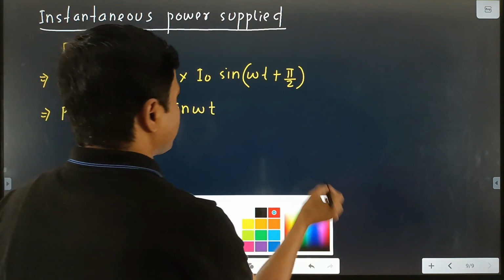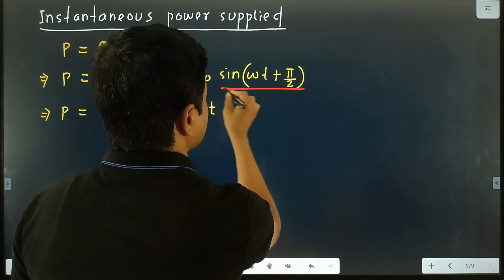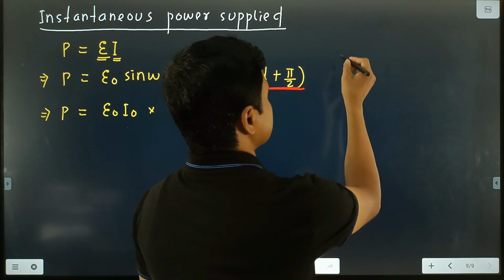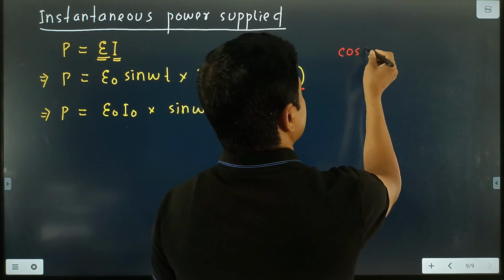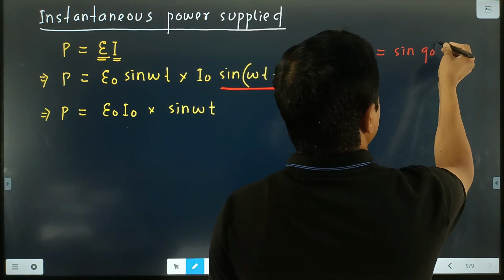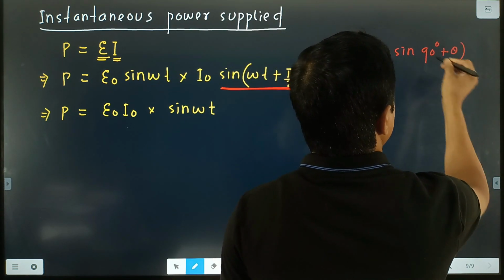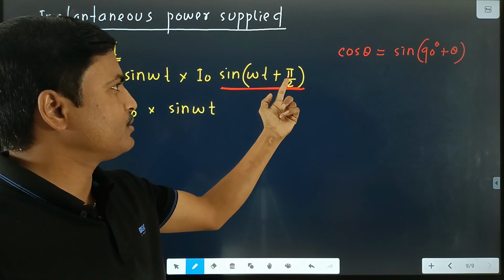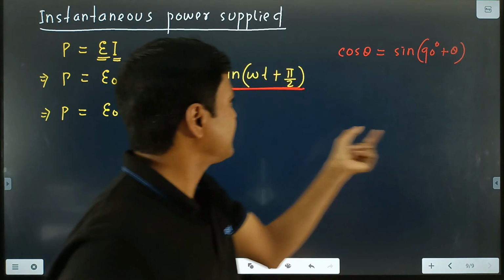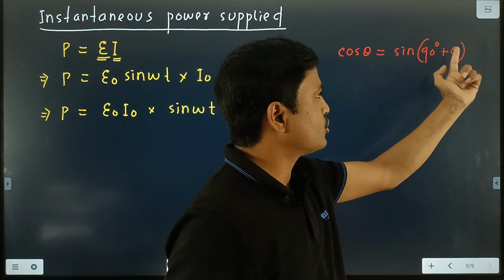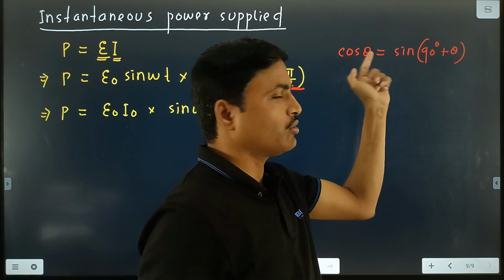In place of sin(omega t plus pi by 2), here we put the trigonometric formula, cos theta is equal to sin(90 degree plus theta). Here pi by 2 is there, in place of theta, omega t is there, so that is sin(pi by 2 plus omega t), which we write as cos omega t.